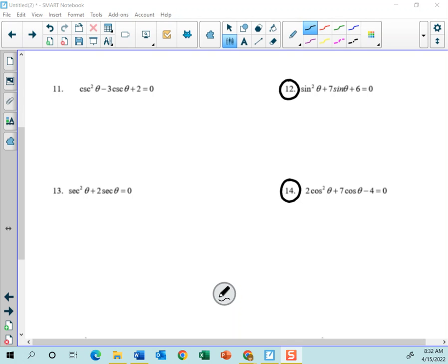Okay. So when we talked about these equations last time, we talked about the idea that if you saw multiple powers of the same function, or you saw different functions, both of those might be signs that factoring had to happen. So when I look at number 12, I think I'm going to do some factoring on number 12, because what's going to tell me that is I've got a sine squared and a sine.